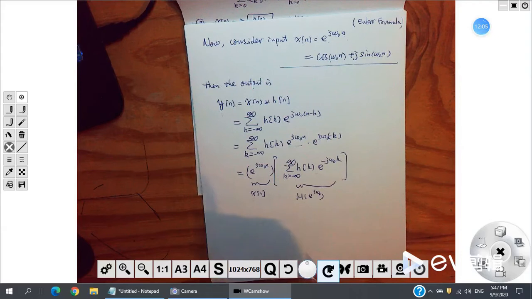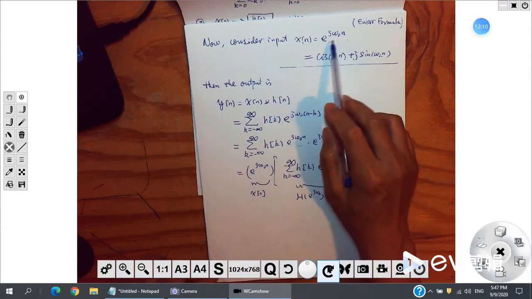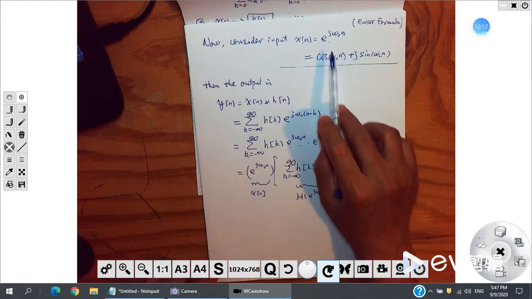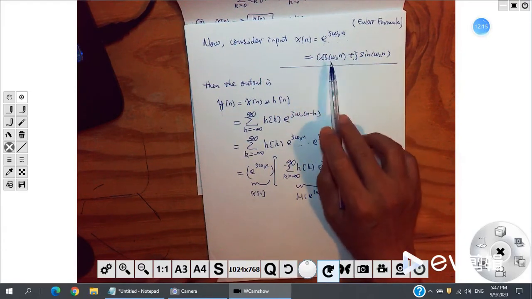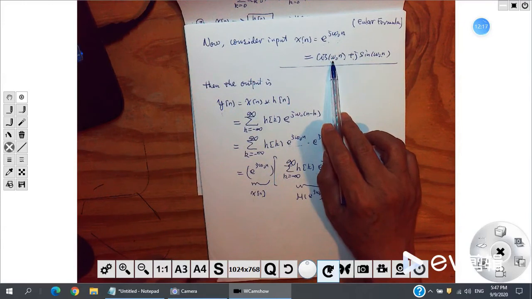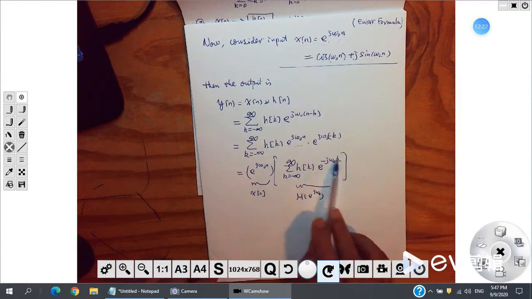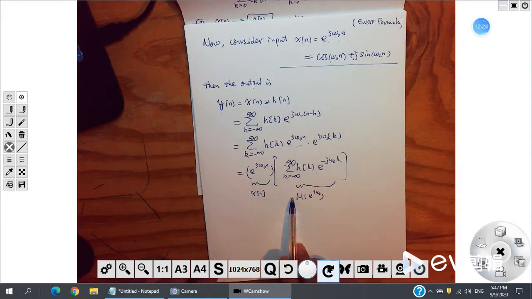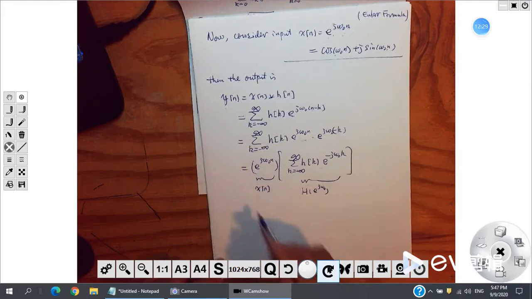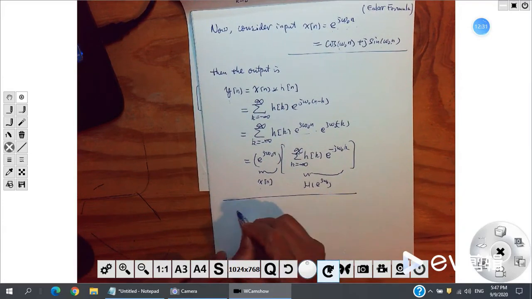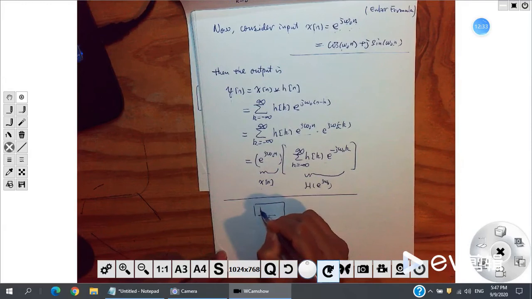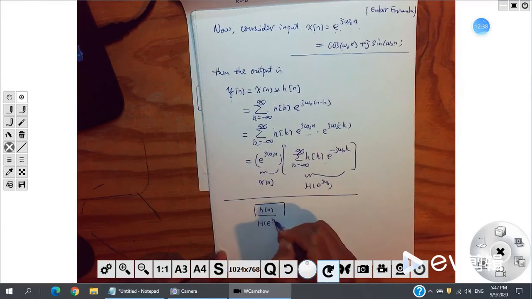This is a very nice result, but of course this is only for this kind of input. If the input is a combination of cosine and sine with a fixed omega 0, then the output is also the same, but with a different amplitude. You multiply by H in front of it. You can write H of e to the j omega 0 here.